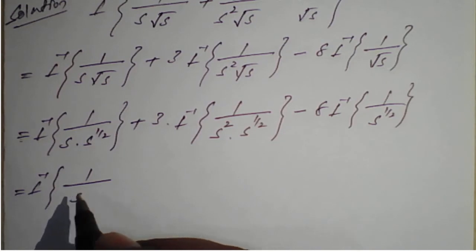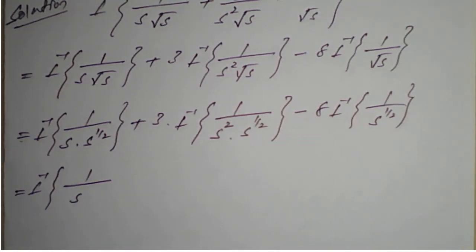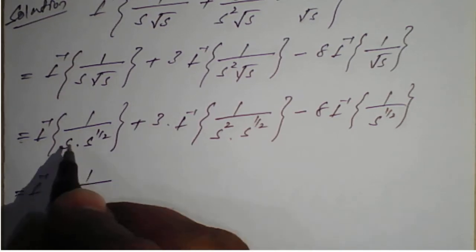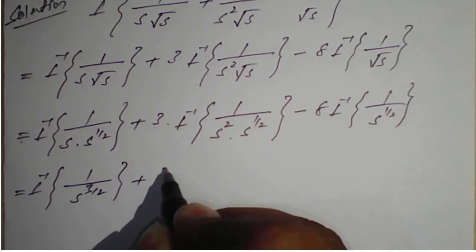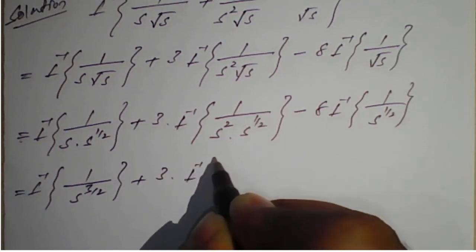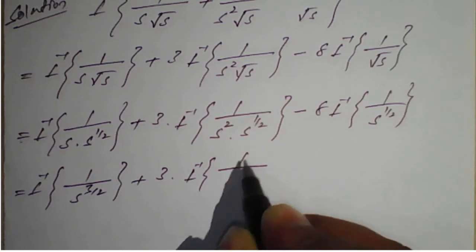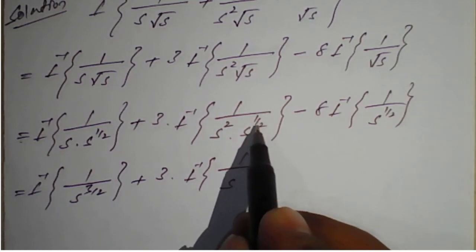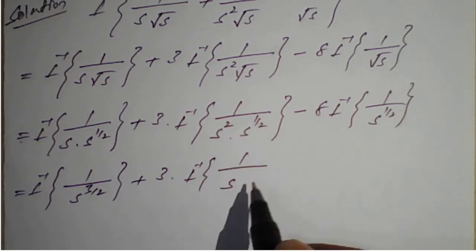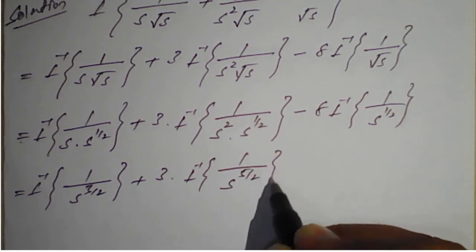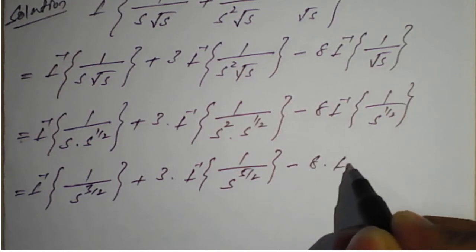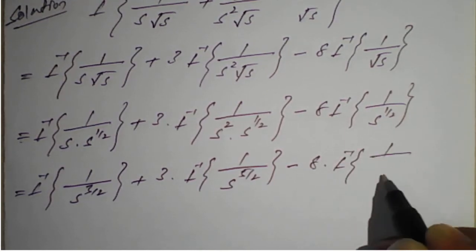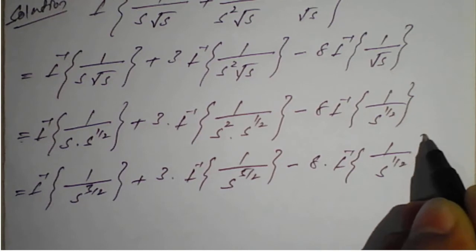Or we can write it as 1 plus 1 by 2 is nothing but raised to 3 by 2, plus 3 into inverse Laplace of 1 by, so this can be written as s raised to 2 plus 1 by 2, which is nothing but 5 by 2 on simplification, because 2 plus 1 by 2 is only 5 by 2, minus 8 into inverse Laplace of 1 divided by s raised to 1 by 2.